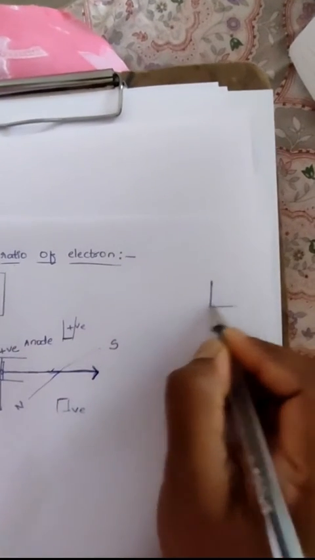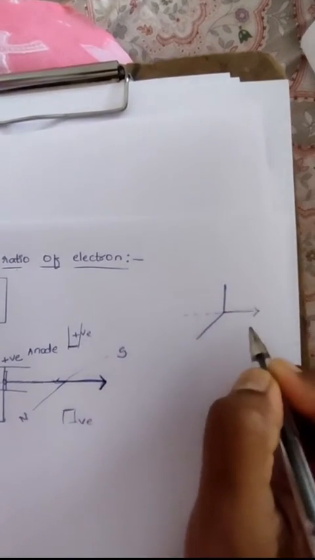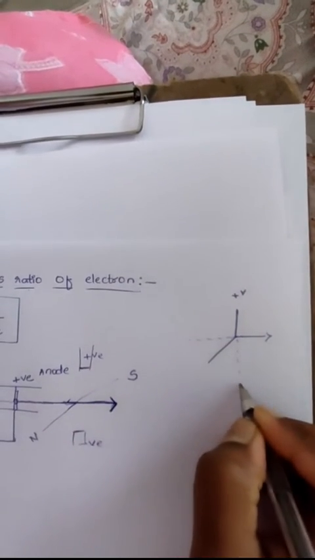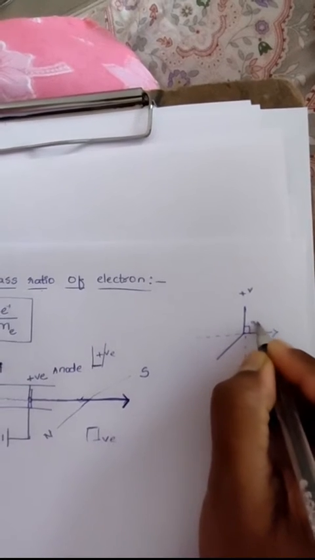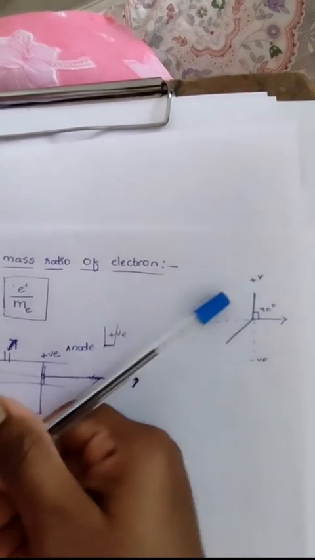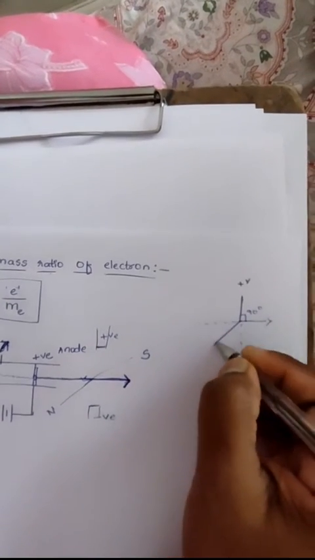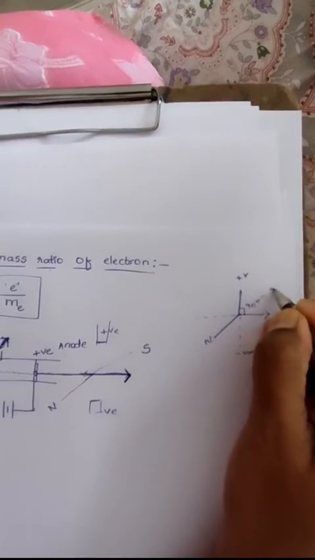See here like this. Path of electrons, positive charge and then negative charge, electric field 90 degrees, and we can see this one coming out from paper 90 degrees, magnetic field north pole, south pole.